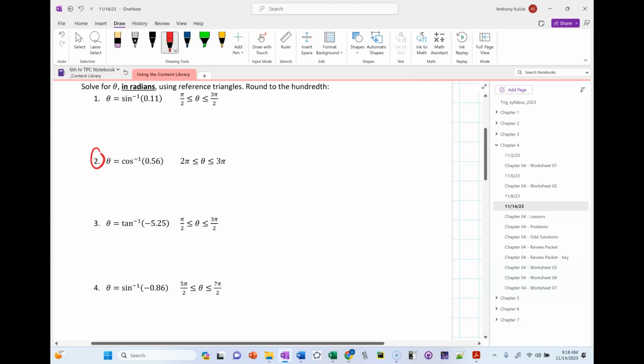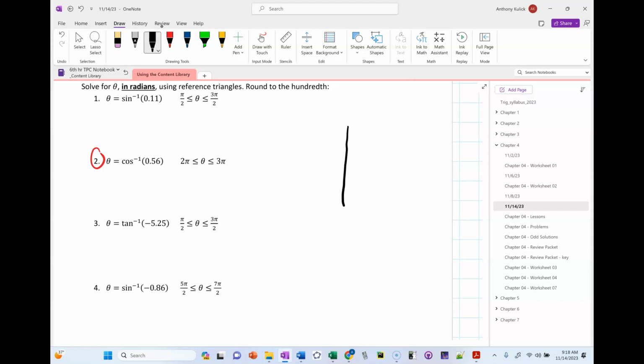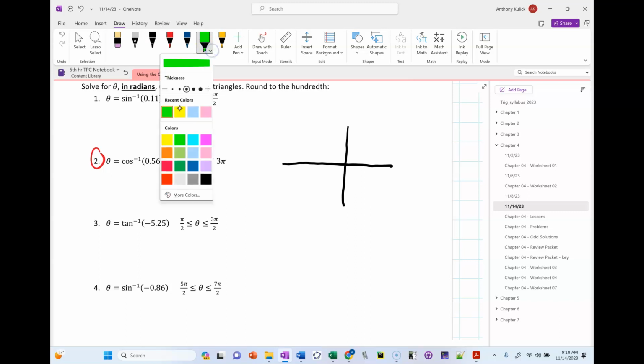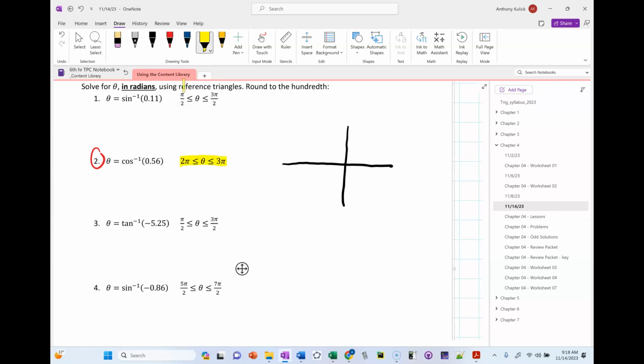Okay, so we're gonna start by drawing a little picture. And the first thing that I like to do is to identify what two quadrants are covered by our interval. So those are both positive values. So I know when I do my counting, I'm going to be counting counterclockwise.